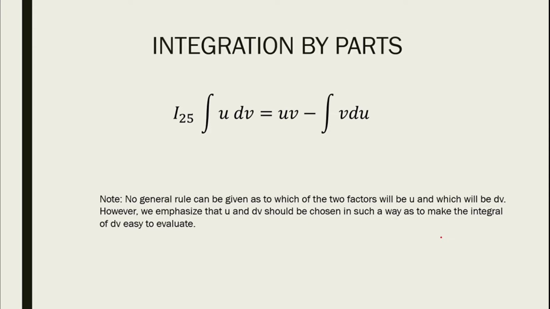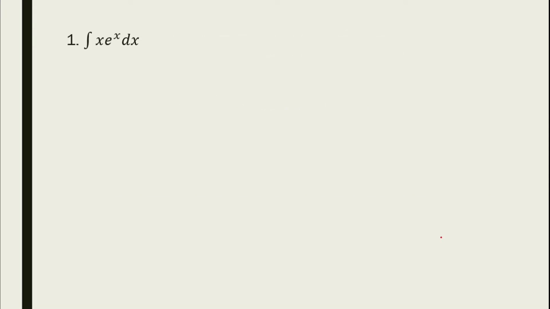So how to use this part. Integration by parts, we have here the integral of x e raised to x dx. In picking u, we have to choose it so that we can integrate dv easily.